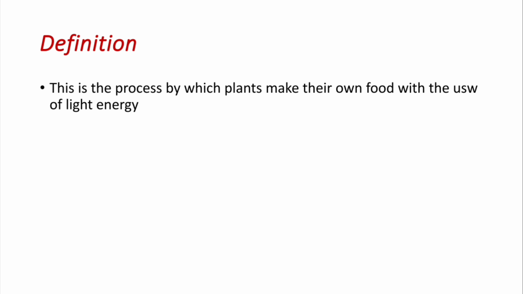So when you look at the types of autotrophic nutrition, there is phototrophic nutrition and chemotrophic nutrition. These are the two types of autotrophic nutrition. Under phototrophic nutrition, an organism makes its own food using light energy. Under chemotrophic nutrition, an organism uses what?